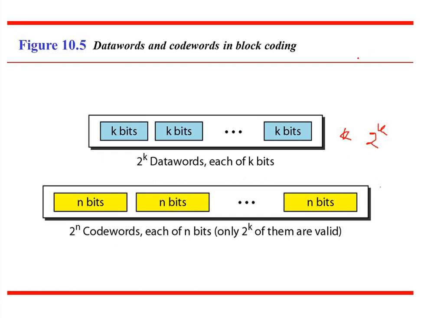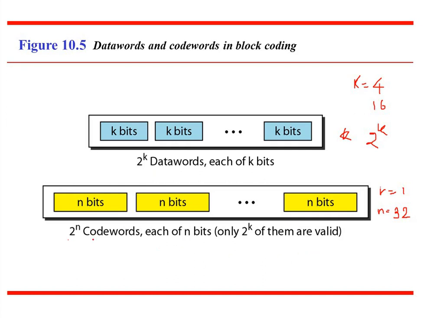So let us consider k is equal to 4, then I can generate 16 data words. And here, if my redundant bit is 1, then n equals 5, and I can generate 2 raised to n, that is equal to 32. So I can generate 32 code words.